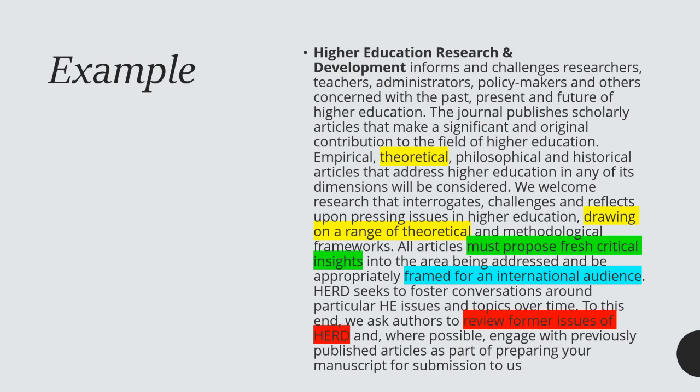So that's just an example. If you want to publish your conceptual or theoretical work or your literature review, have a look at the scope of journals, and then they will usually tell you whether they accept, for instance, these types of journal articles.